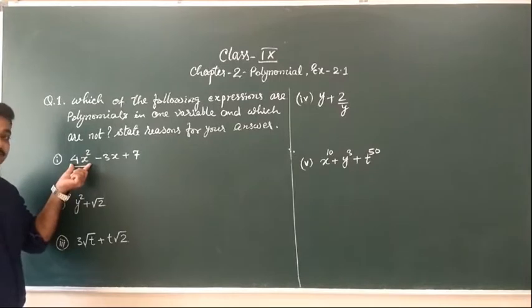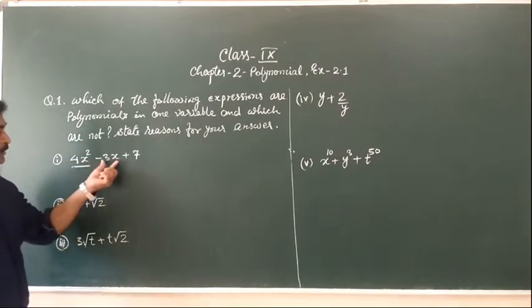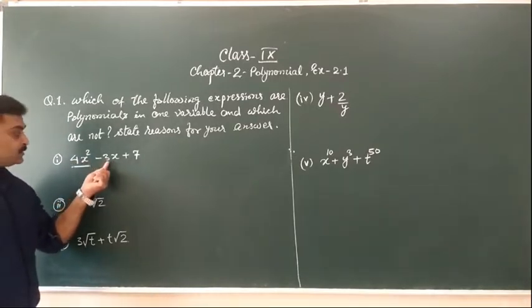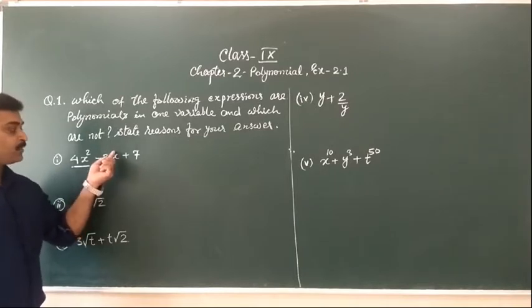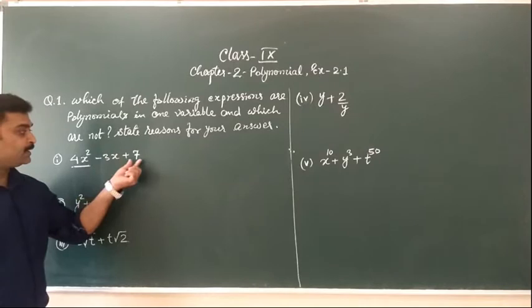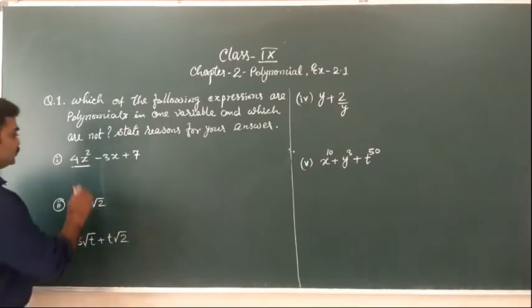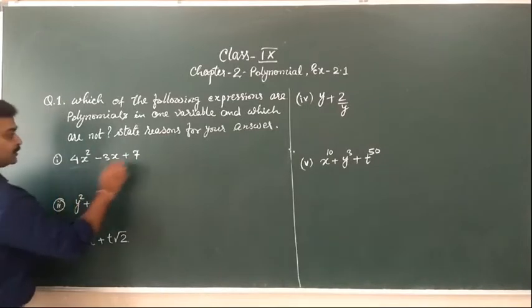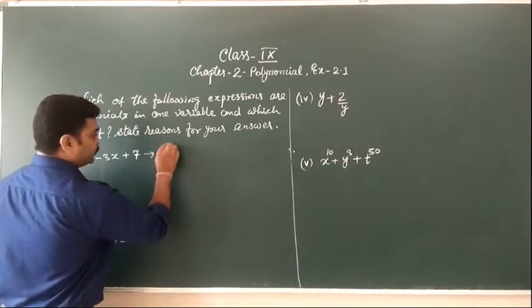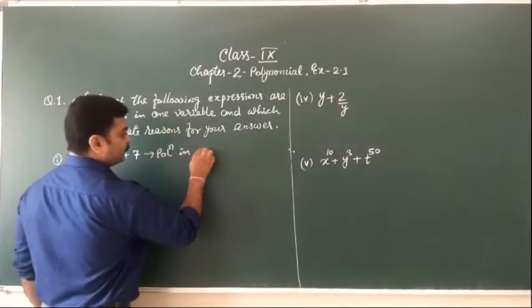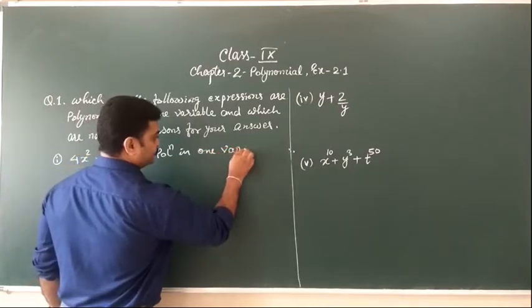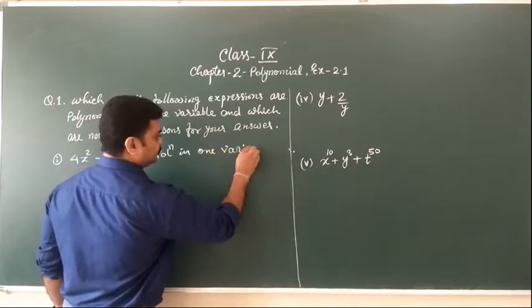That means this term is a polynomial. The middle term is also constant into variable to the power whole number, and the last is simply a constant number. So it is a polynomial in one variable.